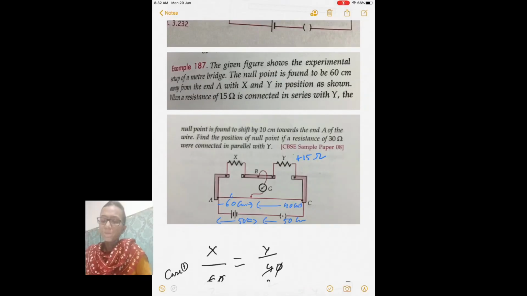Next question. The given figure shows the experimental setup of a meter bridge. The null point is found to be 60 centimeter away from the end point. Look here. Null point is 60 centimeter away. So here the remaining length is 40 centimeter.